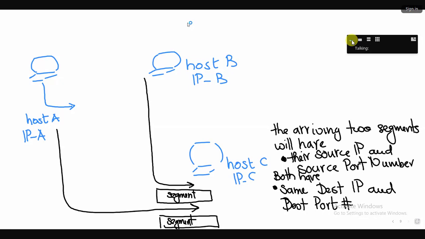And I forgot to mention here, their source IP and source port numbers are different. Both are different, right?